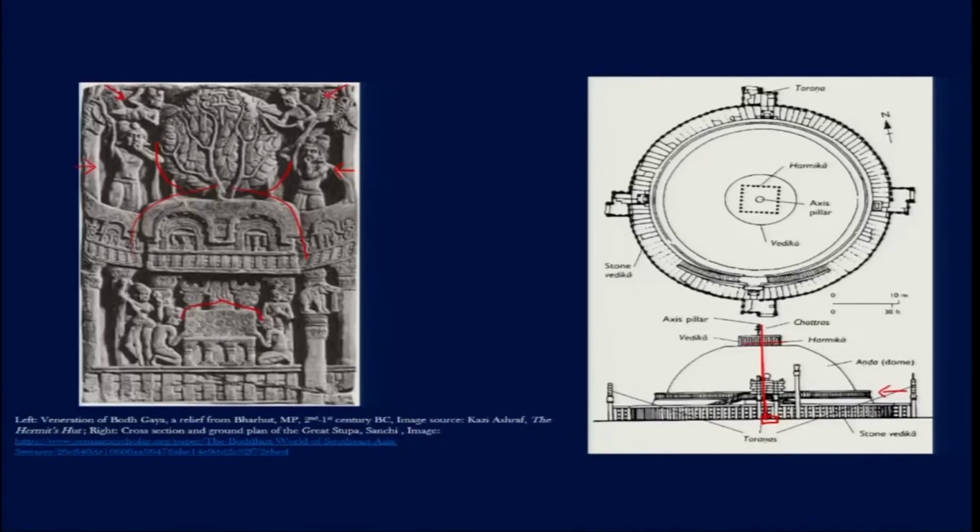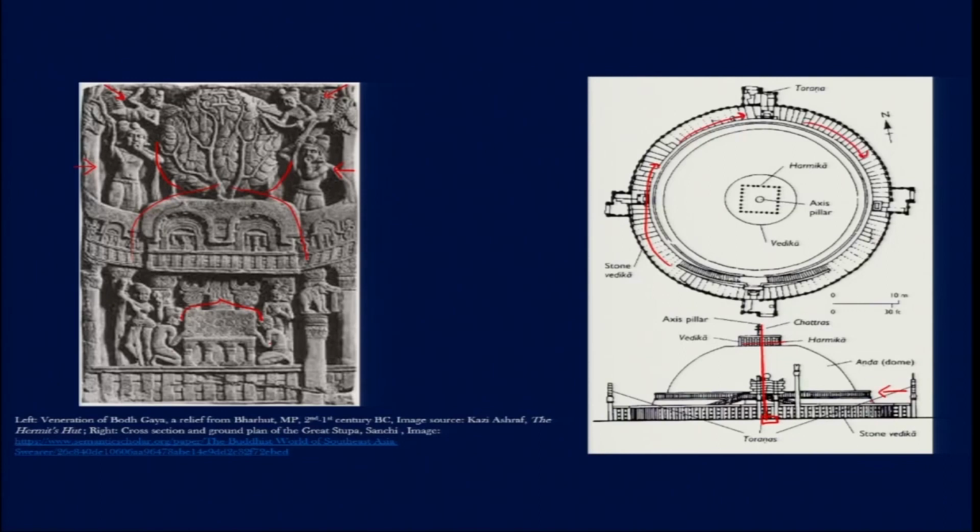What we also find interesting is the railings right outside of this stupa, which are there for circumambulation. Slowly, when the belief system and the religion got more and more complicated, extra railings were added around the stone Vedika, and that is how another pathway was created around the stupa.